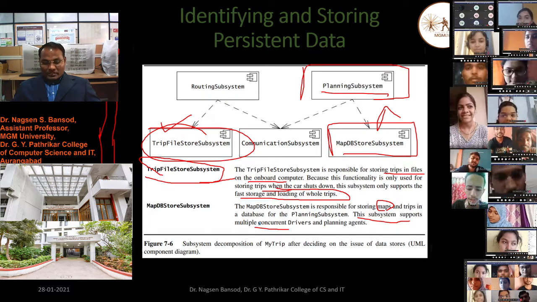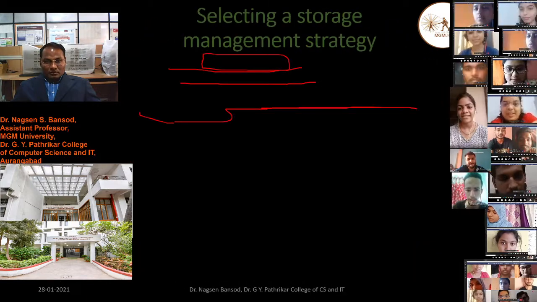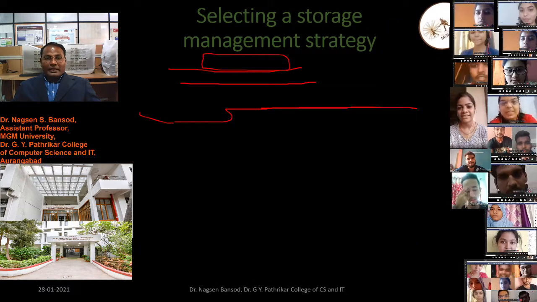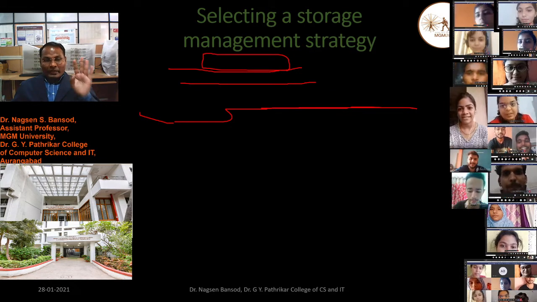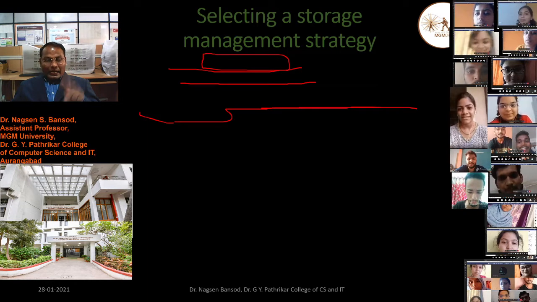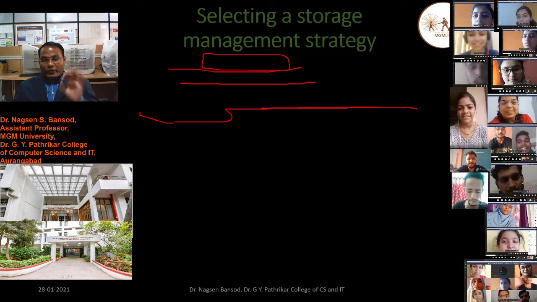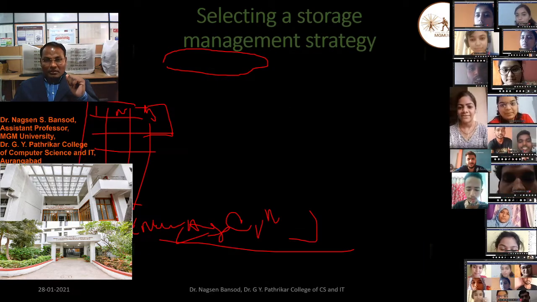Identifying persistent data, identifying objects, selecting storage management strategy. There are 3 types of storage management strategy: flat file, relational database and object oriented database. Do you have any question regarding these terms?